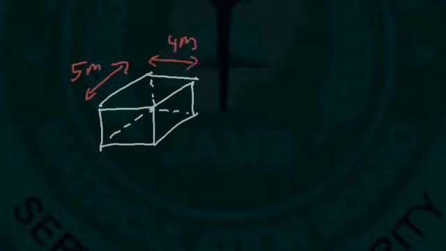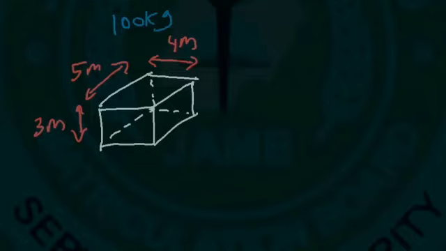Now let's say we have a rectangular box, and the dimensions of the box are 5 meters by 4 meters, and it has a height of 3 meters. Let's say the mass of the box is 100 kilograms.